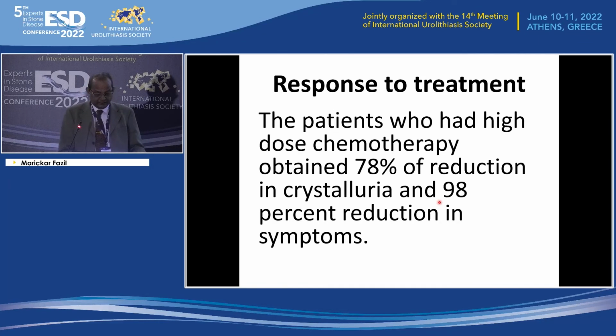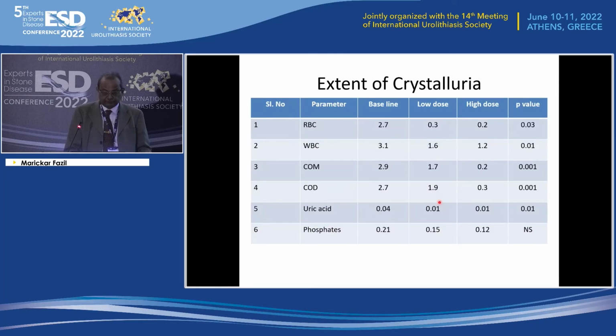Only 2% had persistent symptoms, and 95% of the patients had stoppage of the crystalluria and the ultimate increase in size of the stones. And many of the stones can be passed with appropriately dosed chemotherapy, which I mean basically 120 milligrams of pyridoxine and 300 milligrams of allopurinol.